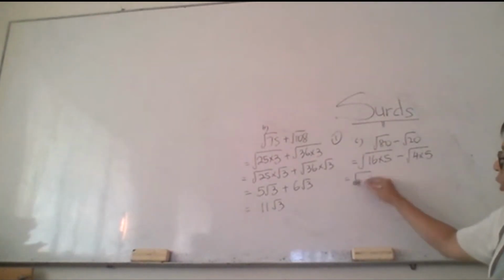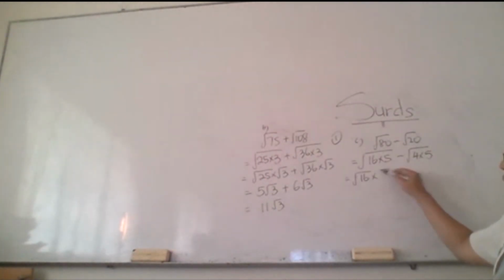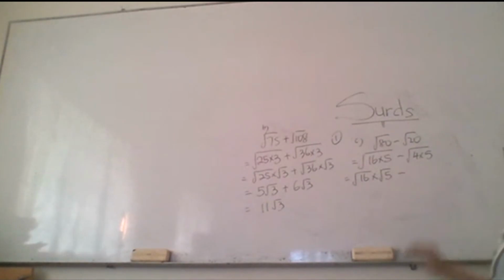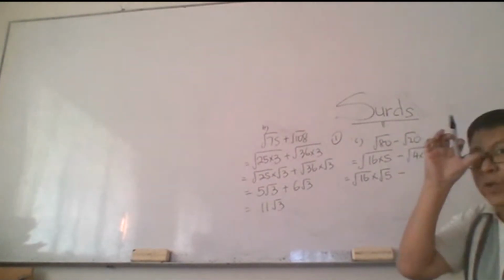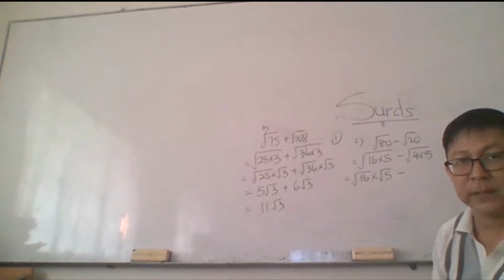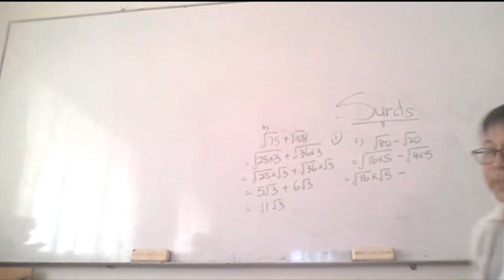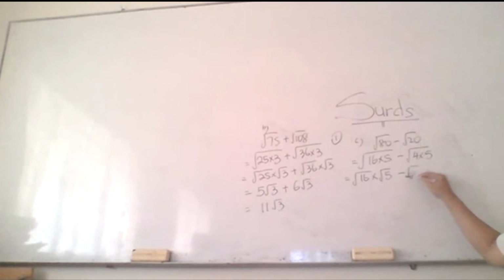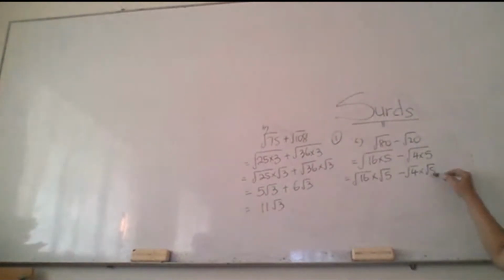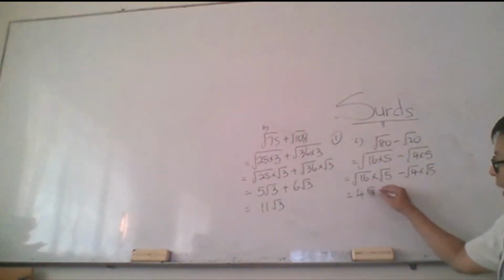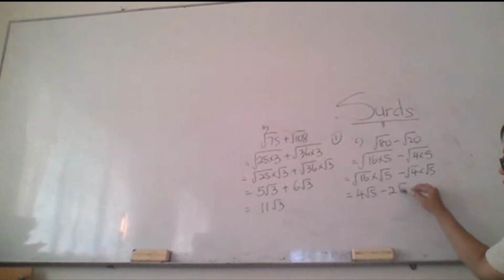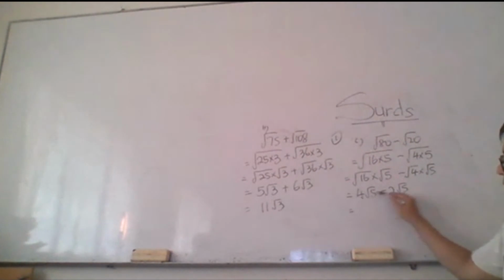Then we split into square root of 16 times square root of 5. Remember, all these numbers usually involve a prime number and a perfect square number. So 4 square root of 5 minus 2 square root of 5, so 4 minus 2, you get 2 square root of 5.